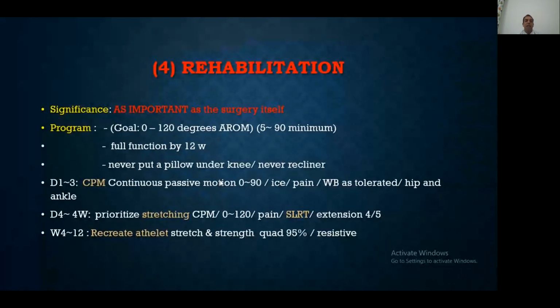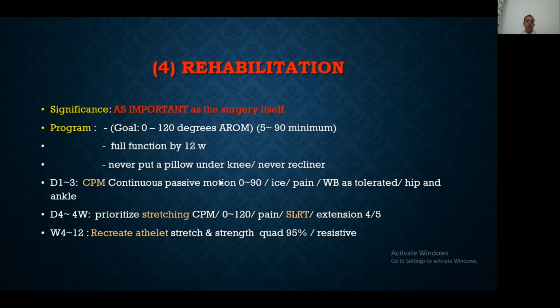So I can simply speak about three phases of rehabilitation. From day one post-op to day three, there is what's called continuous passive motion. It is a machine. The patient can put his lower limb over it, and it moves the lower limb according to the range we set.